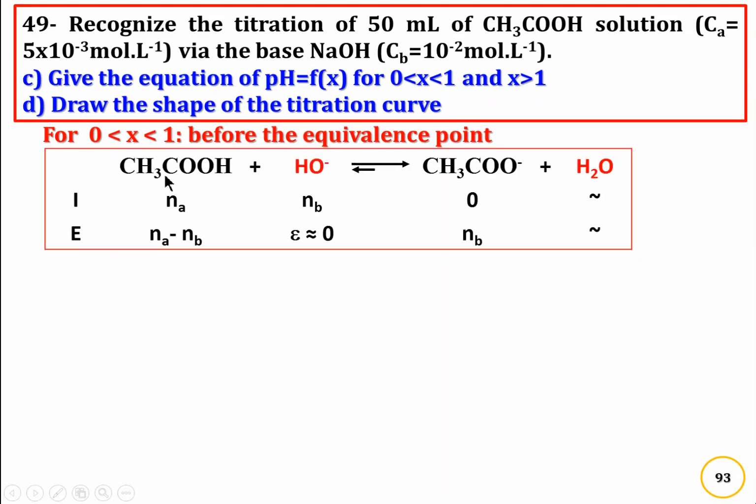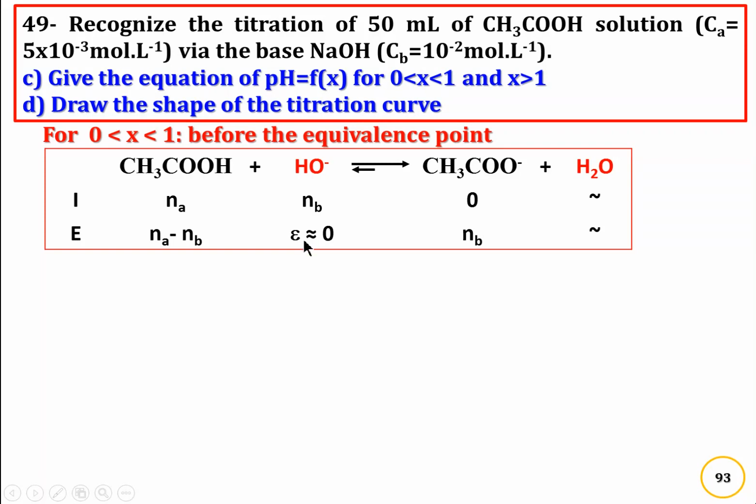We write the reaction: acetic acid plus OH⁻ gives acetate plus H2O. Initially, we have Na of the acetic acid and Nb of OH⁻. Since we are before equivalence, all OH⁻ added will react. So acetic acid will be in excess and OH⁻ will disappear completely.